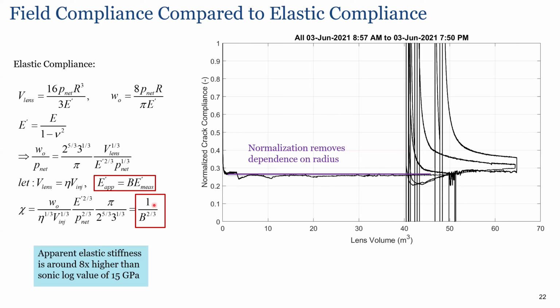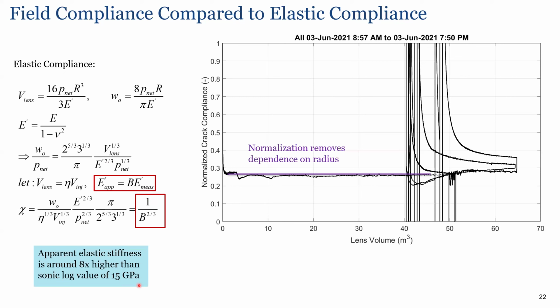And in fact, what I have to inflate it by is about a factor of 8. So I can match this if I just say, well, forget about the fact that well logs give me an upper bound of 15 GPa on the plane strain modulus. If I make it 120 GPa, I can match.